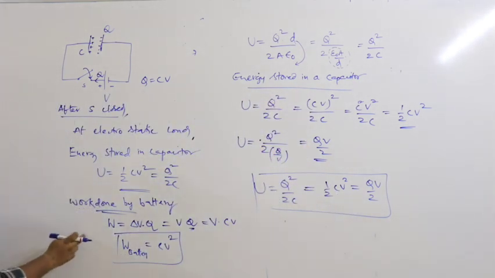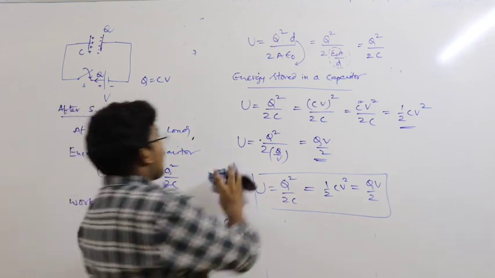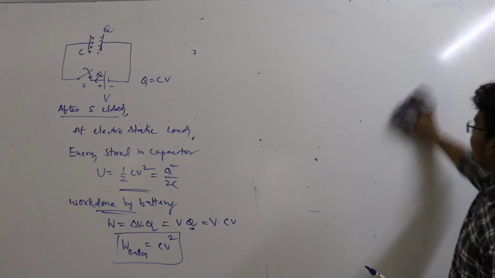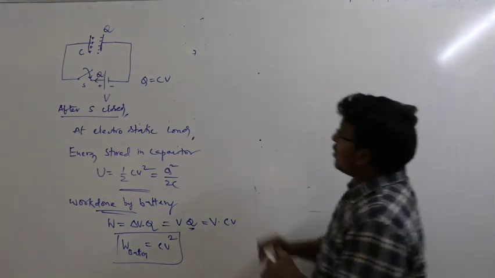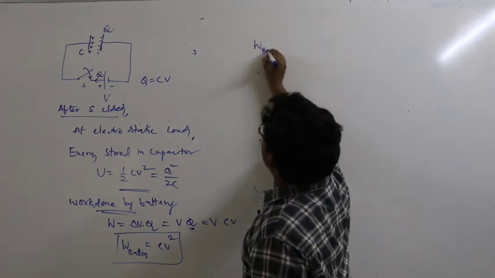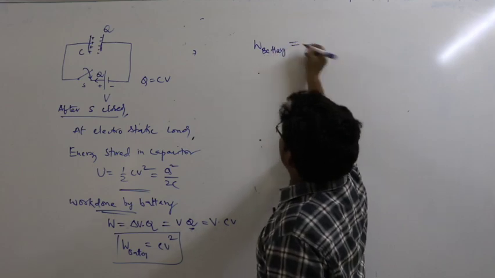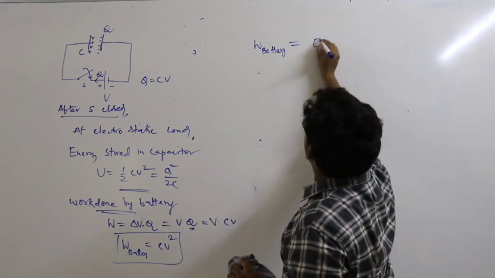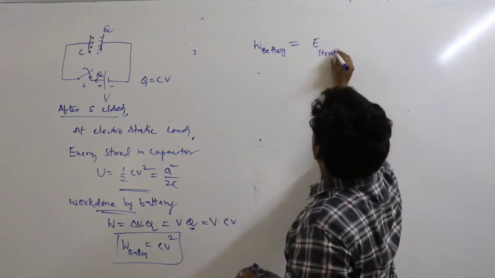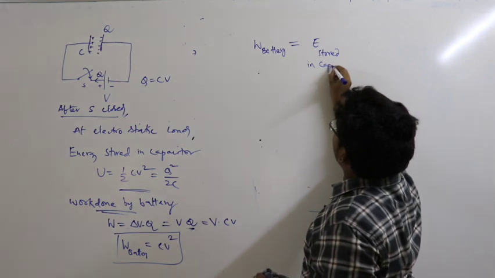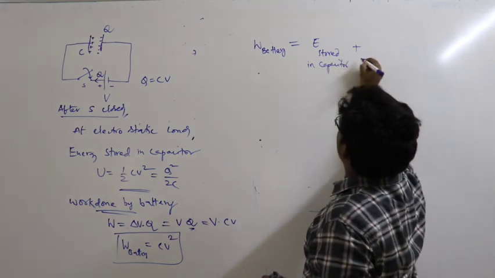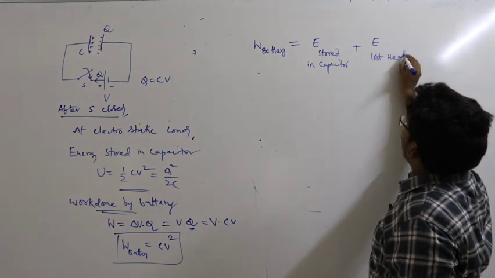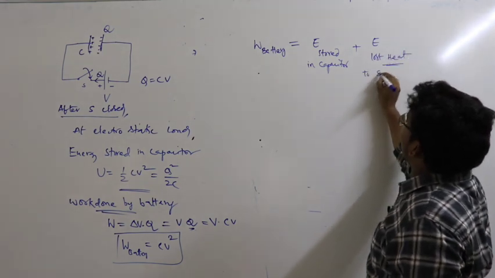So here the work done by the battery is CV square and the energy stored in a capacitor is half CV square. Out of the total work done, some energy is stored in the capacitor and the remaining energy is lost as heat to the surroundings.